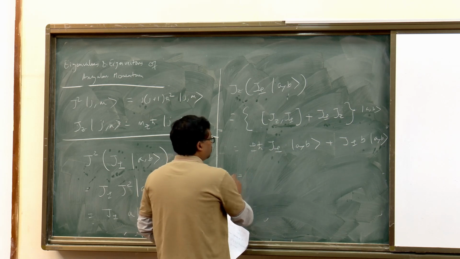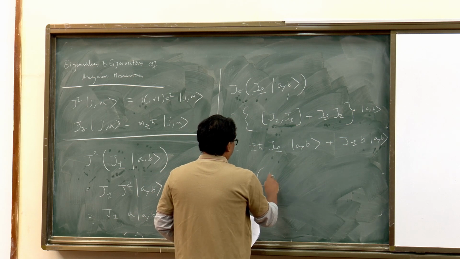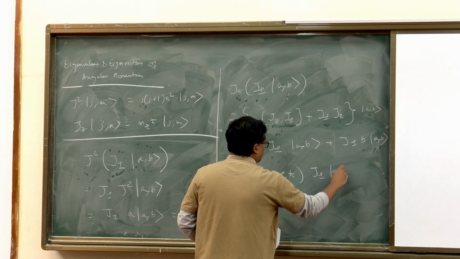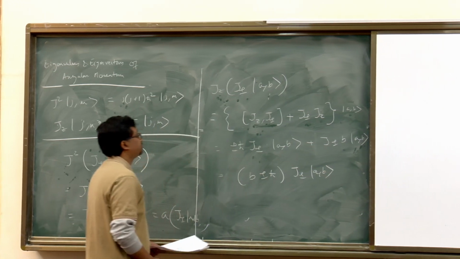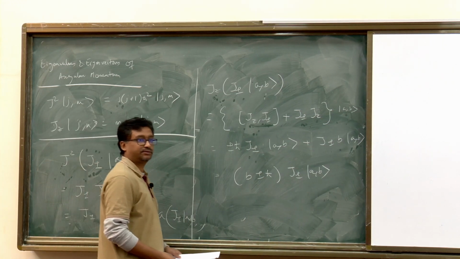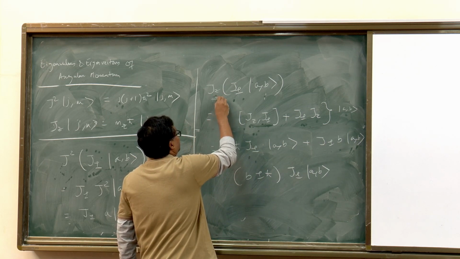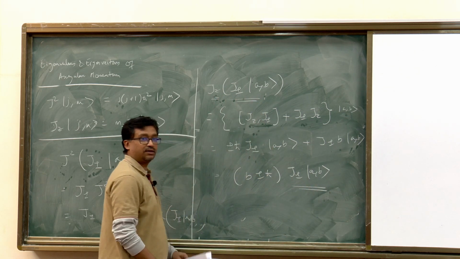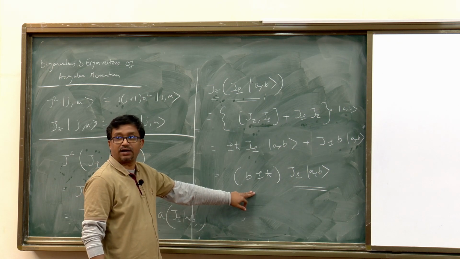So this is equal to B plus minus h bar, J plus minus AB. Okay. So you have an operator operating on some ket, and you get the ket back with a different eigenvalue.